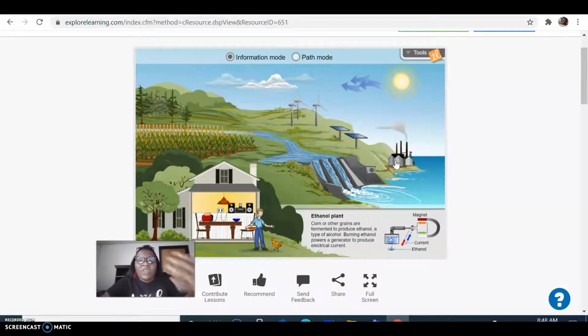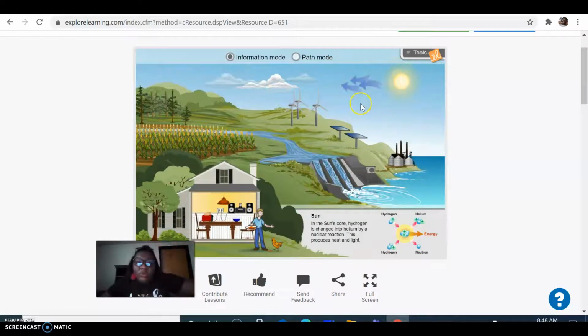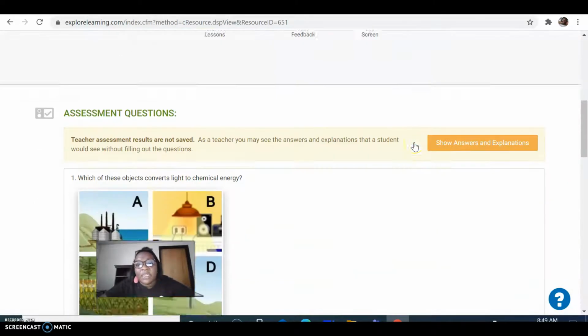parts of an ecosystem. It's important for us to realize that energy continues to move whether we see it or not, and it's constantly transforming. And so even the sun is able to emit energy.